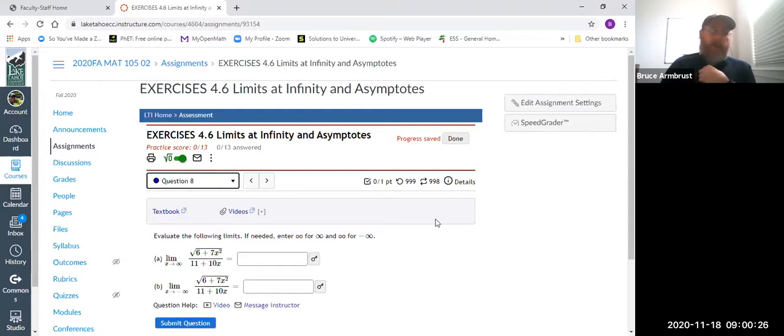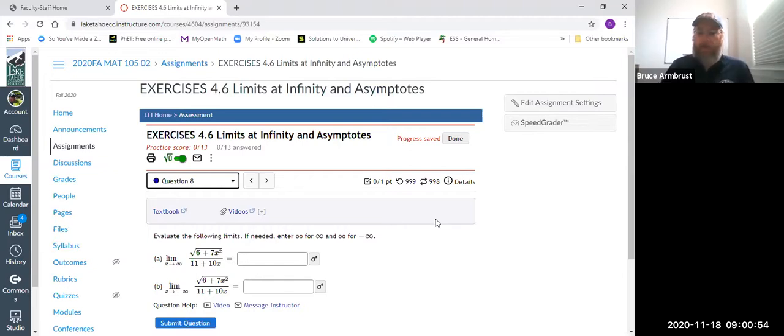So if we look at this guy, on the bottom, it's pretty easy to see. It's just plain old x. On the top, you might be tempted to go, ooh, it's an x squared, but it's not really an x squared because that x squared is inside of a square root. So really, that's behaving like an x.